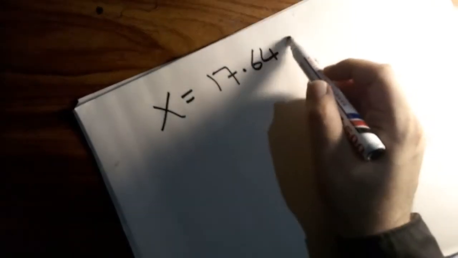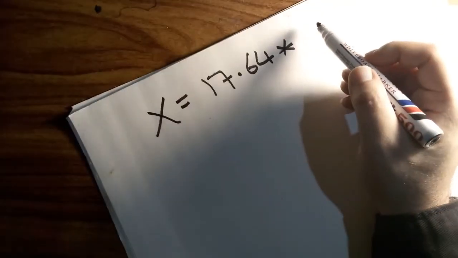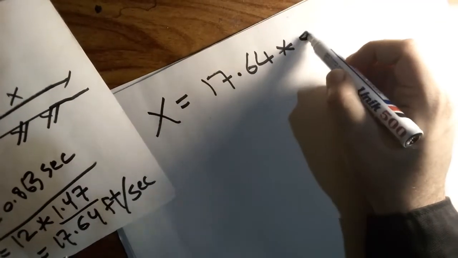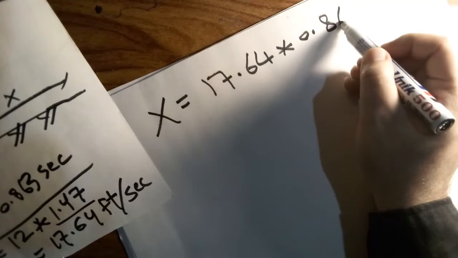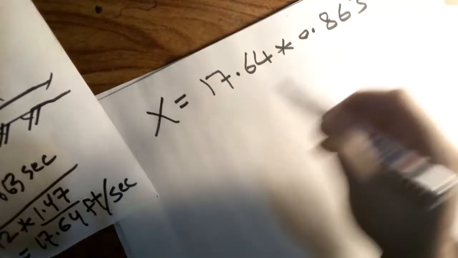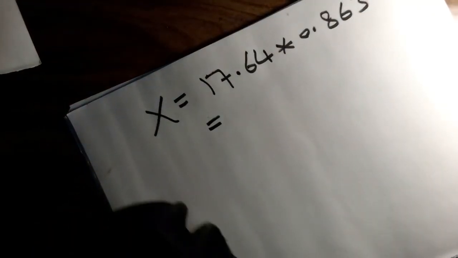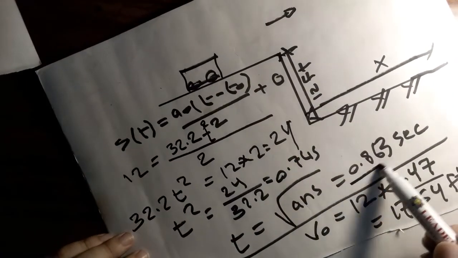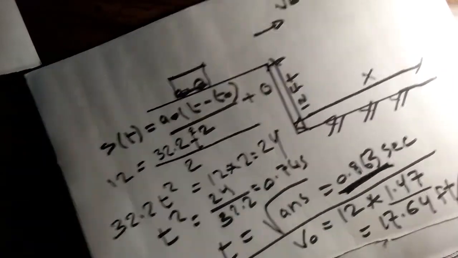Then we can calculate the horizontal distance x, which equals 17.64 times the t, which as we calculated equals 0.863.